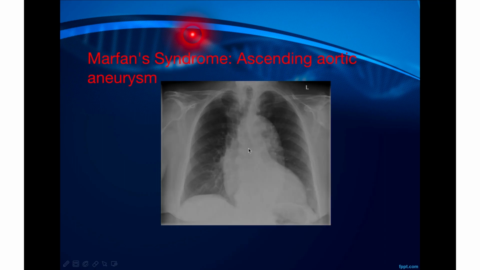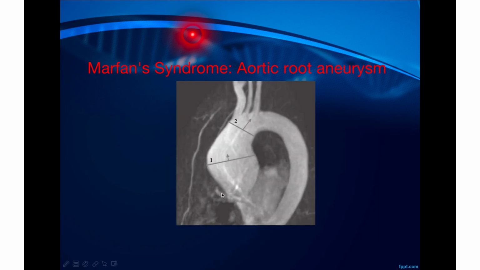Next, we're going to go to the next sign, which I mentioned, the ascending aorta aneurysm. Over here, we could see the bulging of the aorta. Usually it's best to diagnose this via an X-ray. Next, we're going to see the aortic root aneurysm.